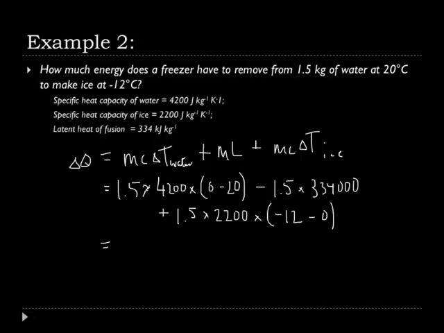Okay, so what do we end up with here? We end up with negative 126,000 for the first stage, and then minus 1.5 times 334,000, which is 501,000. And then we need to take away this last little bit here as well, which is 39,600.